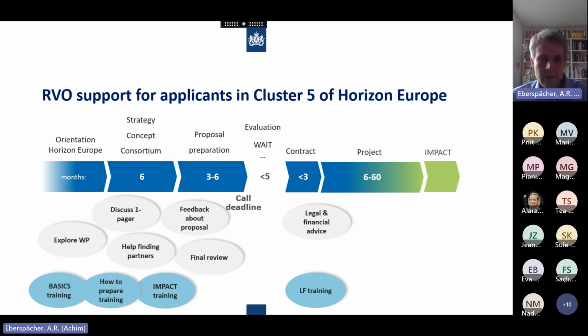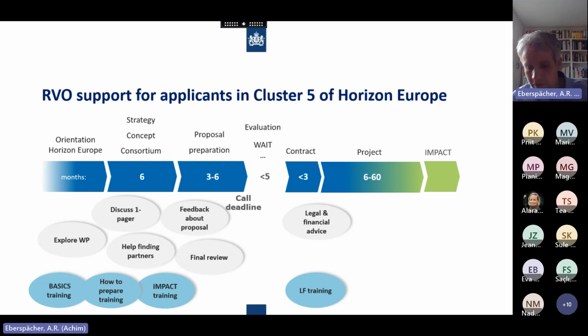What we directly do first, of course, is the signpost role, information, so putting things on LinkedIn, sending mails. There's a new work program, there are possibilities. If there are parties who are interested, we offer them to discuss their first idea, their first 1 or 2 pager. Is it a match?